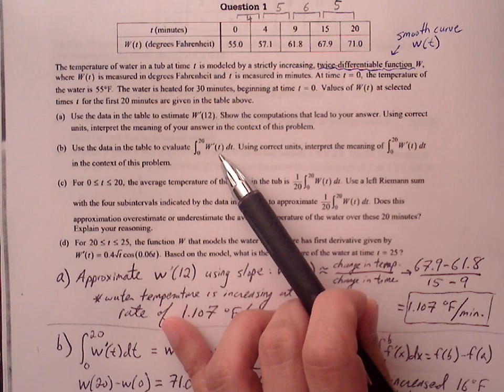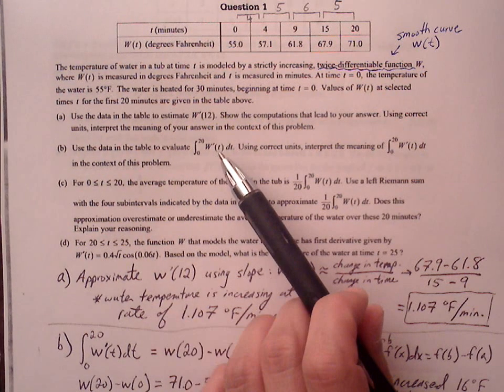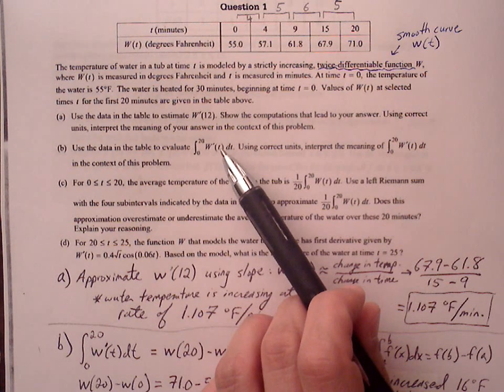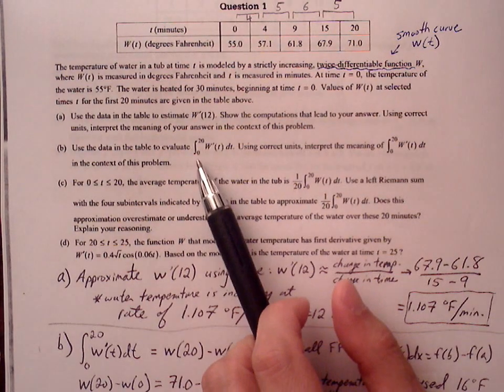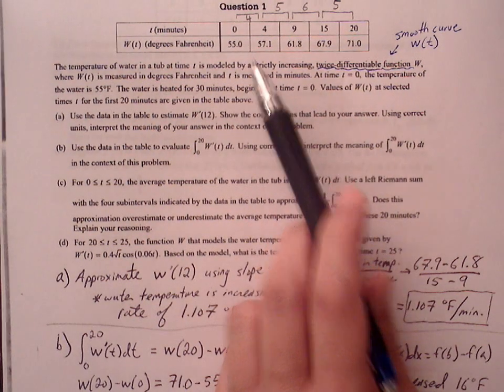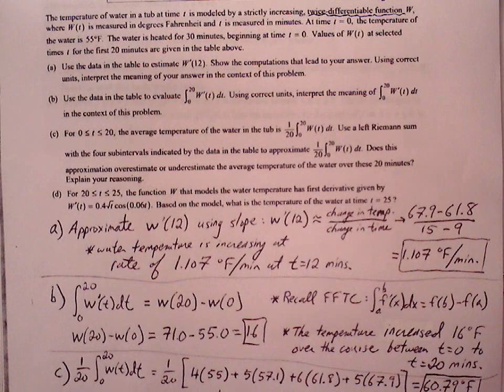But what we can do is think about what allows us to connect W prime to W of t. How can we represent this in a way that allows us to use this table, or use what's given to us?